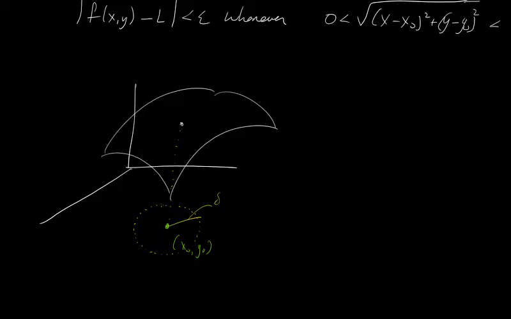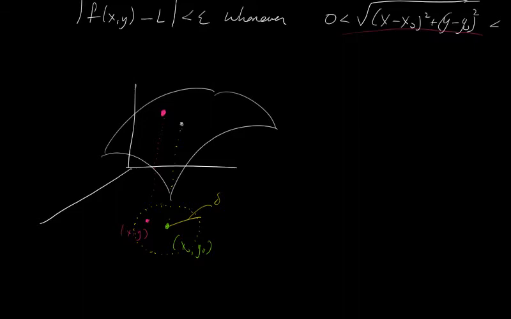Then I'm going to select another point, another x, y point here. So let's choose one inside of this disk. That's what this up here means, where that distance formula is less than delta. It means we're inside of the disk of radius delta. So this is x, y, and it has a corresponding point on the surface right here.